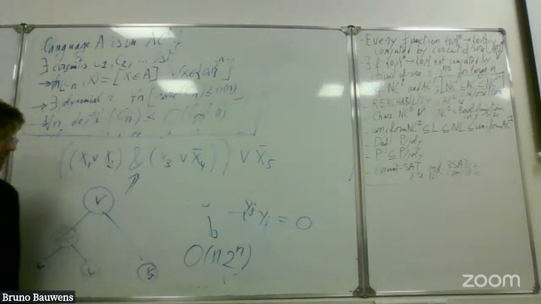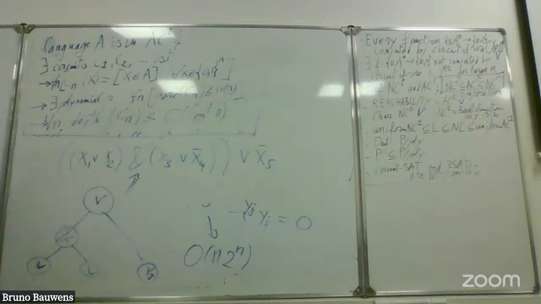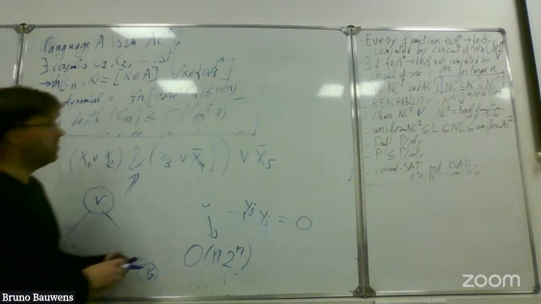So if we have a circuit of logarithmic depth, then what is the maximal amount of copying that can be done? Let me write it.